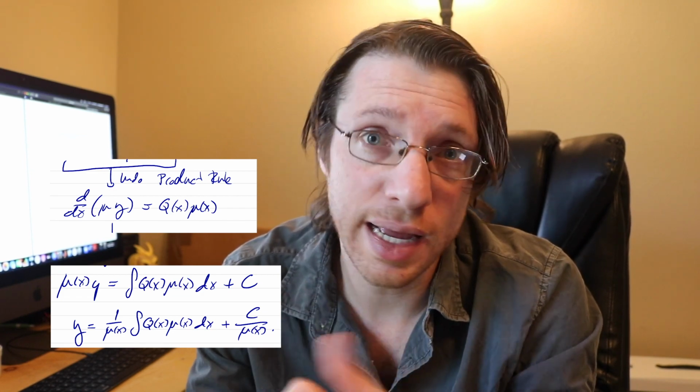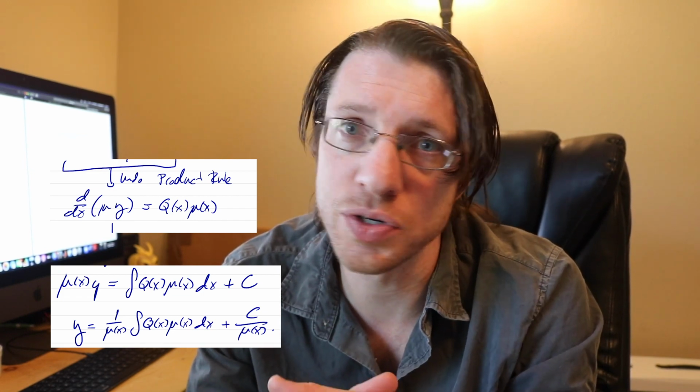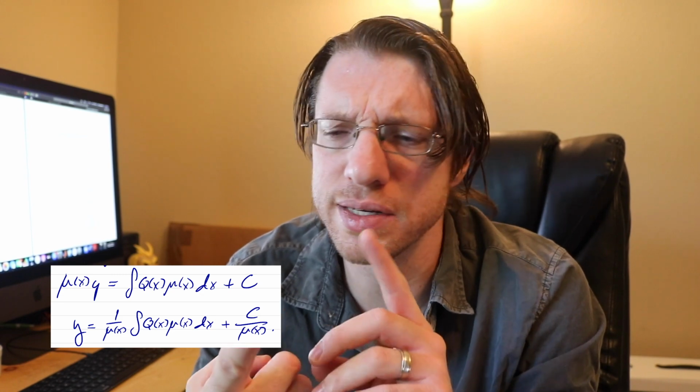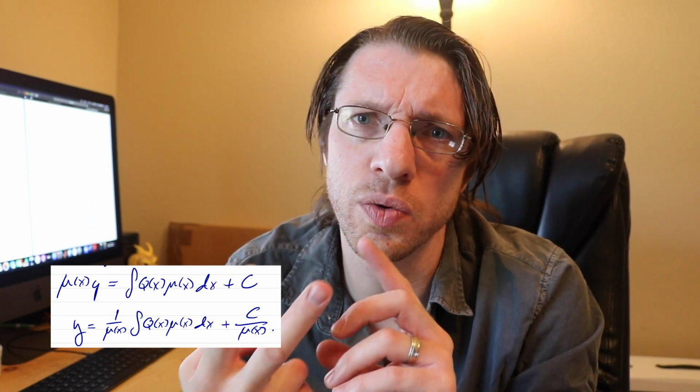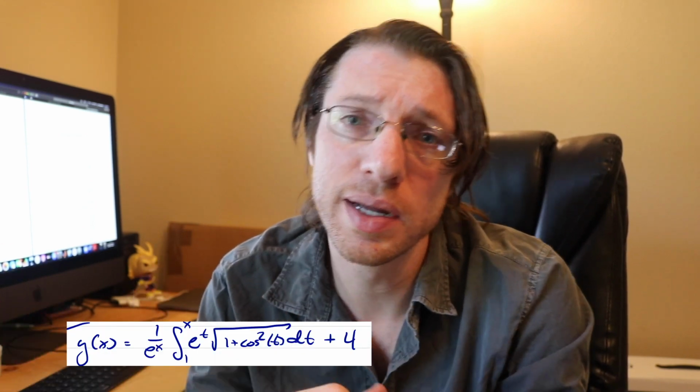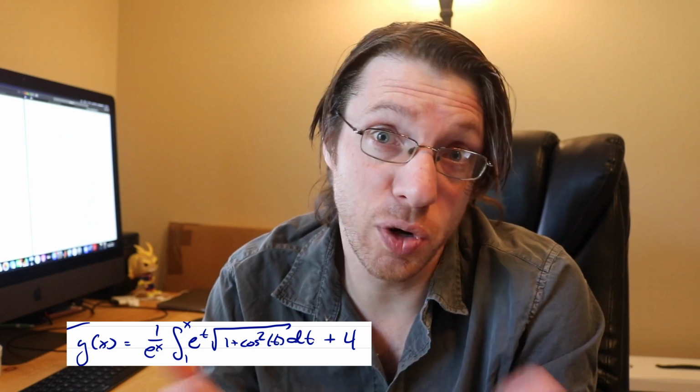That's going to use your standard integration techniques such as U substitution or integration by parts or whatever else comes up. Trig sub is possible. But at the end of the day, you have a solution to the differential equation. Even if you have to leave it in integral form, you still have solved for y.